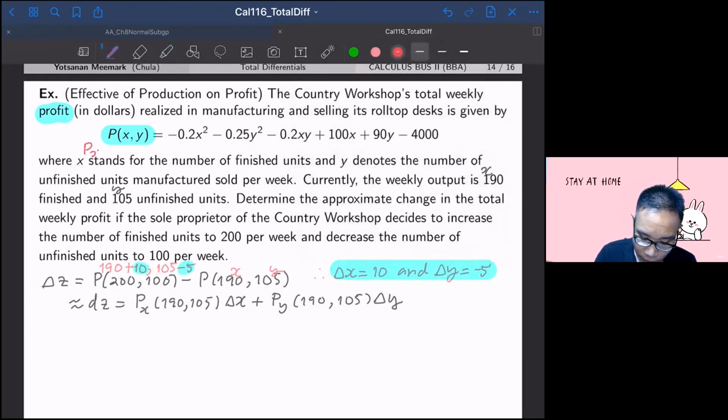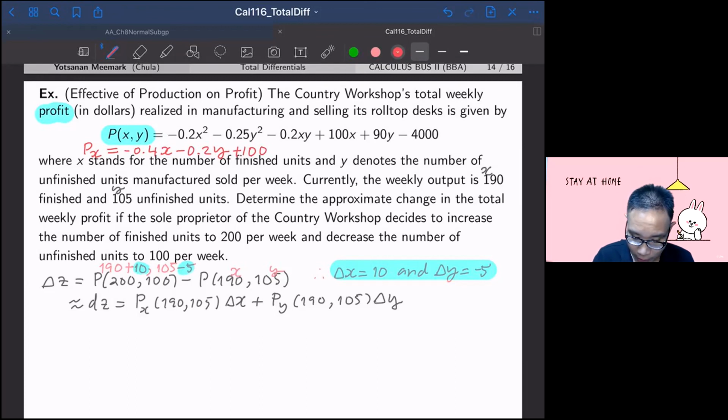So Px is going to be negative 0.4 x, and you have negative 0.2 y, plus 100.